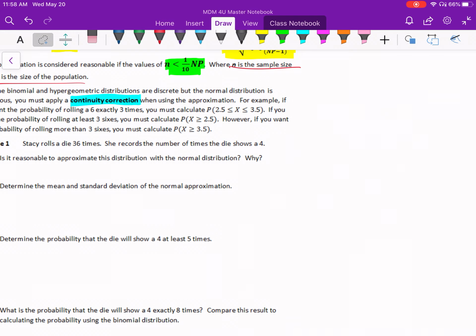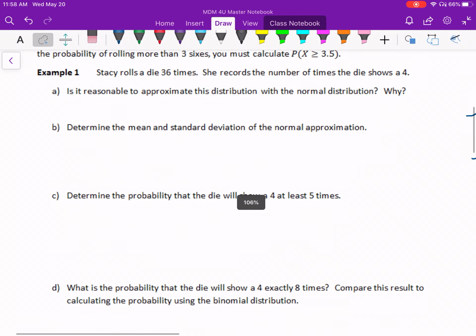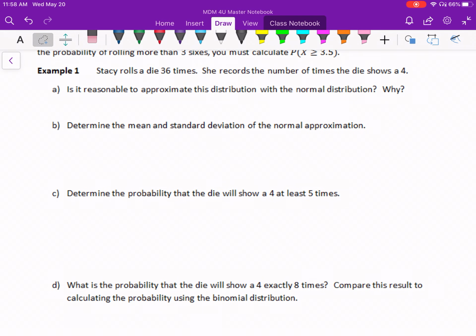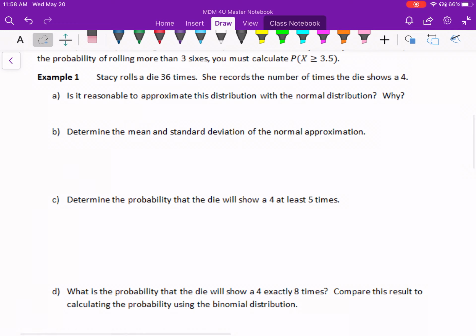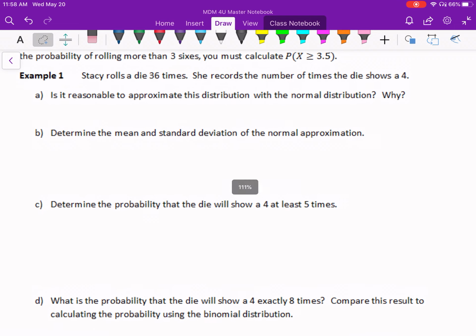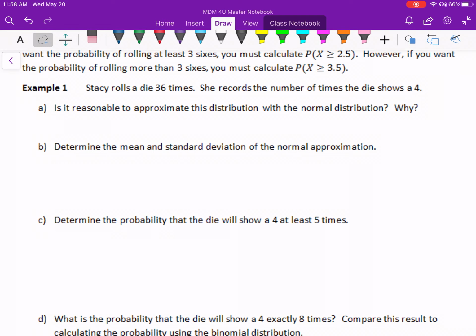Stacy rolled a die 36 times. She records the number of times that the die shows a 4. Is it reasonable to approximate this distribution using a normal distribution? Well, before we even get to that, if she's rolling a die, we know that it's discrete, right?